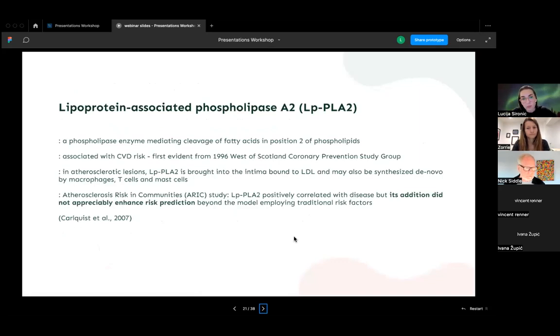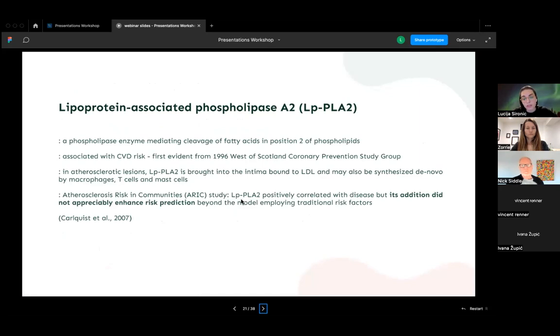Another biomarker which has quite a funny name is lipoprotein associated phospholipase A2. As you can see, it is a phospholipase. Phospholipase enzymes normally cleave fatty acids from phospholipids, and this one does that in position 2 of phospholipids.